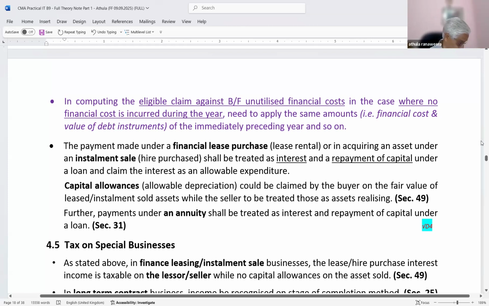Now, if one company has gone and invested in another company, we have to evaluate that and see, because in this business definition category, section 6, subsection 2 says amounts derived that are effectively connected with the business.